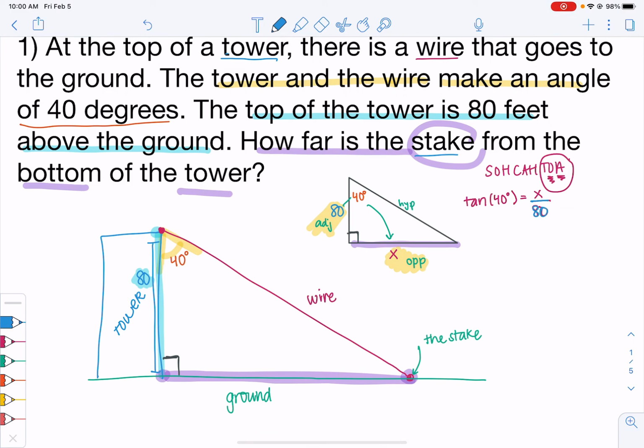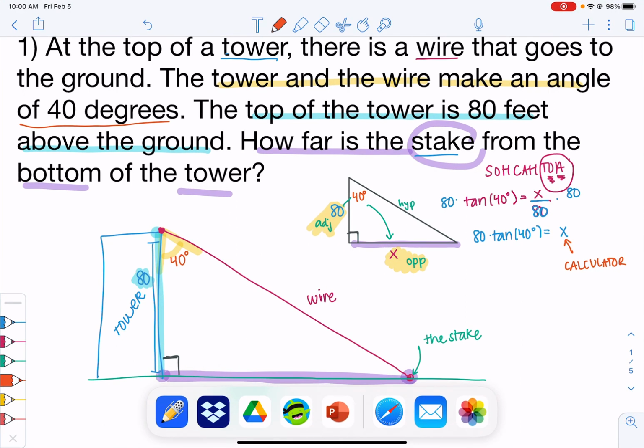Multiply by what we're dividing. And we check, is our variable alone? Variable's alone, so now we use our calculator.